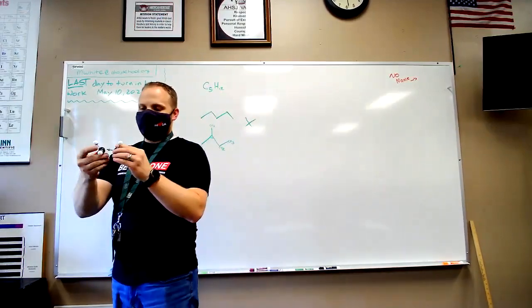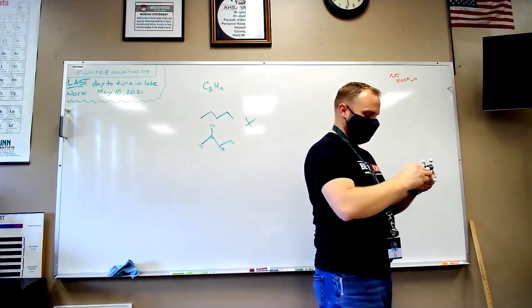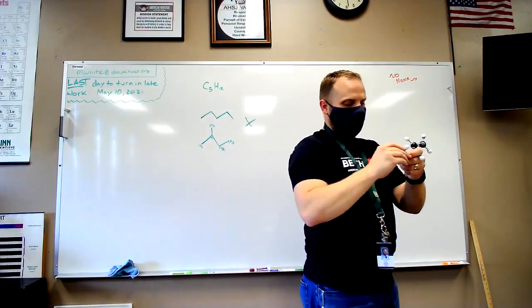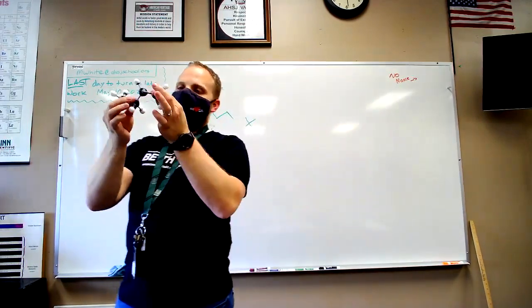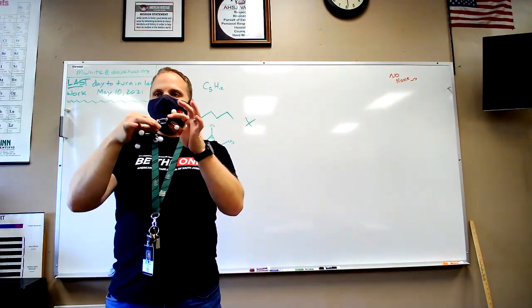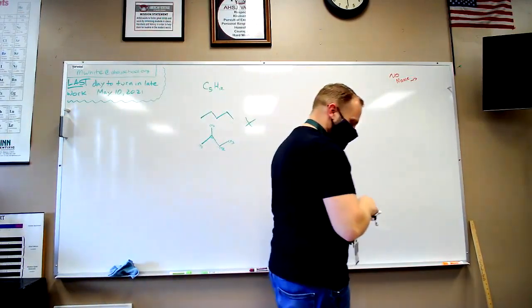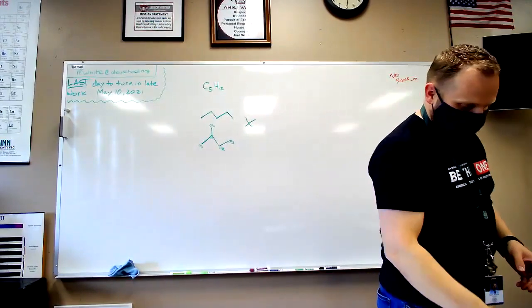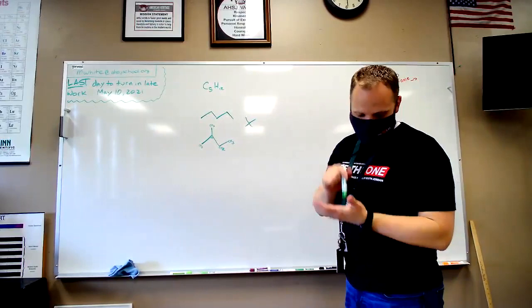A single bond can rotate, and they move around. They do that. However, once you get a double bond, it no longer rotates. And that is why we have to address this issue of stereoisomers.